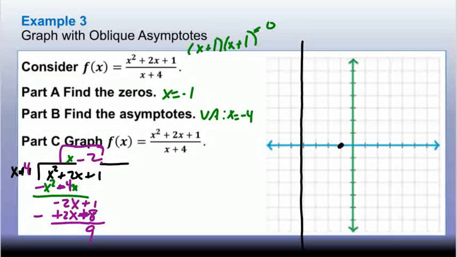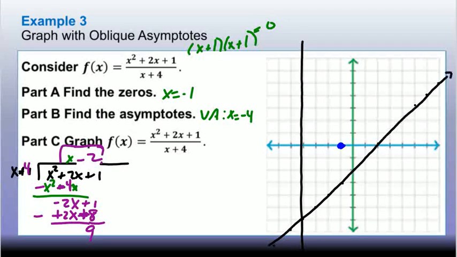So I'm going to put a point here. And then for the oblique asymptote, I'm going to graph the x minus 2. That means it crosses the y-axis at -2. So I'll just put a point here. So up 1 over 1 is the slope. So if I drew the asymptote here, it will look like this.